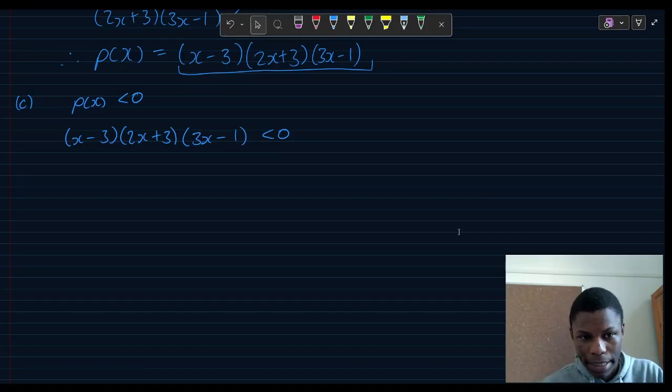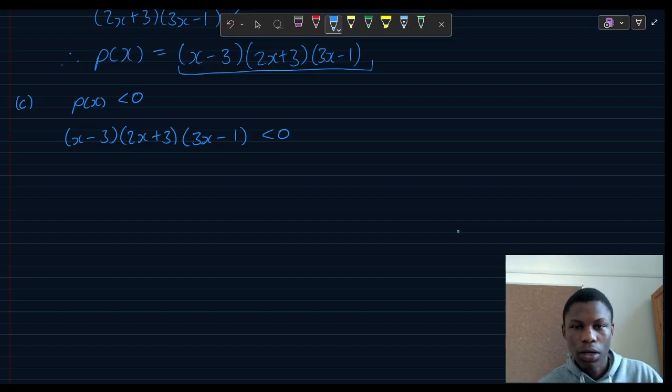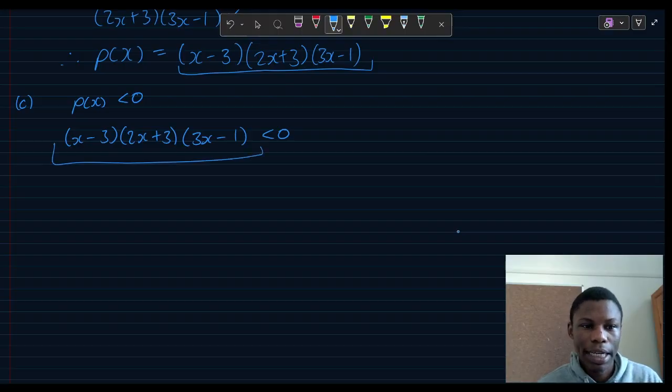So the first step is we're going to figure out what are all our critical points, or in other words, when can this whole thing be equal to 0? It can be equal to 0 when the first bracket is 0, so when x minus 3 is 0, or when the middle bracket is 0, or the third bracket is 0.